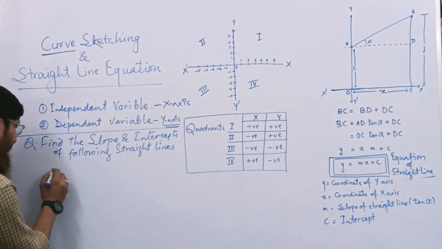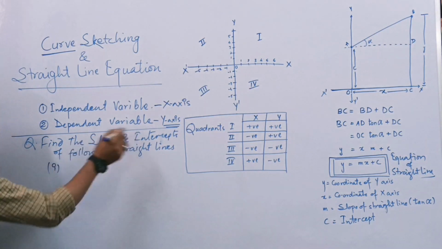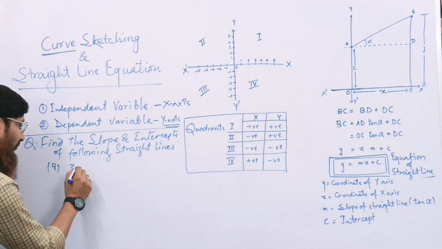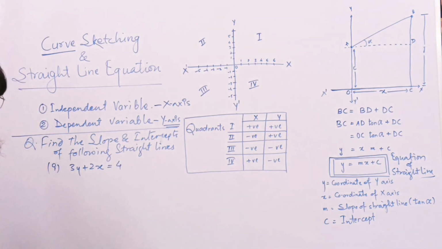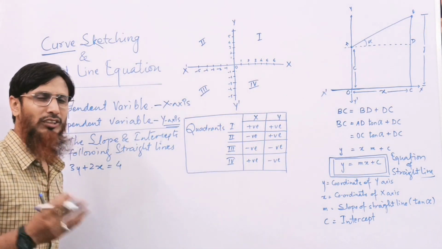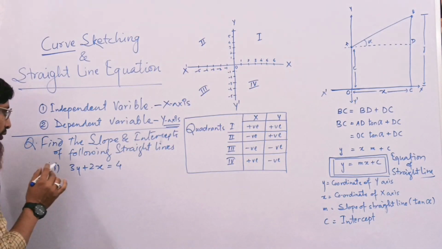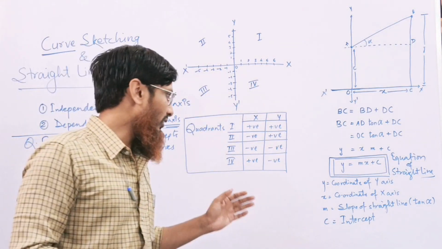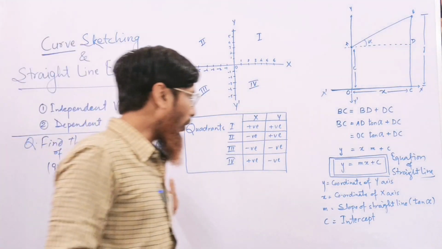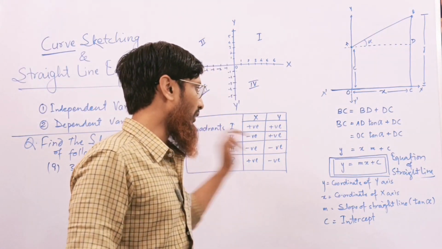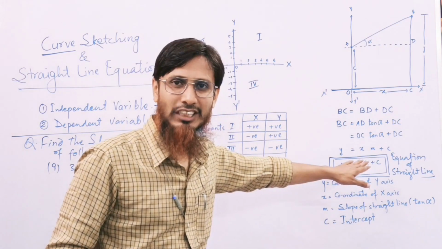Like the first question is find the slope and intercept of the following straight line: 3y plus 2x equals to 4. Let us see. Let the question be this. What I said is that whatever the question is, we just have to convert all these straight line questions into the formula y equals to mx plus c.